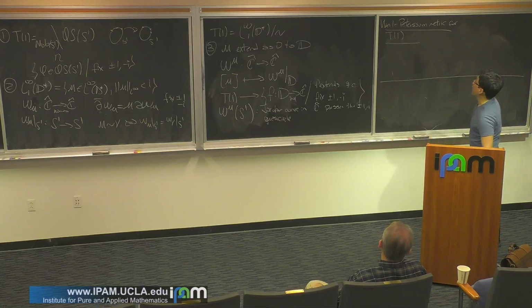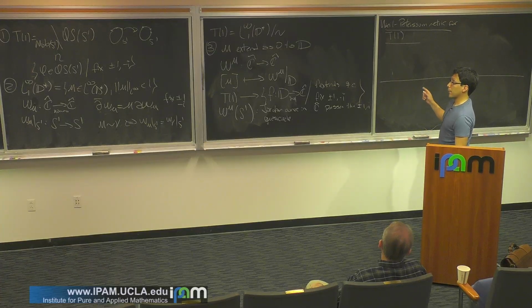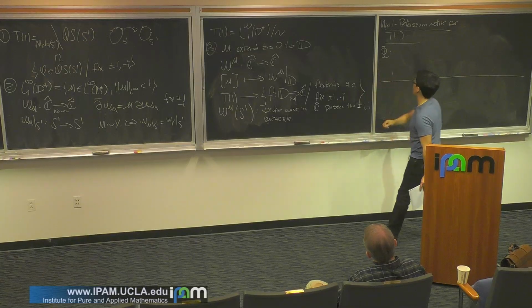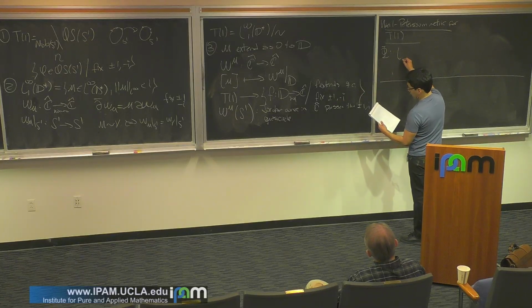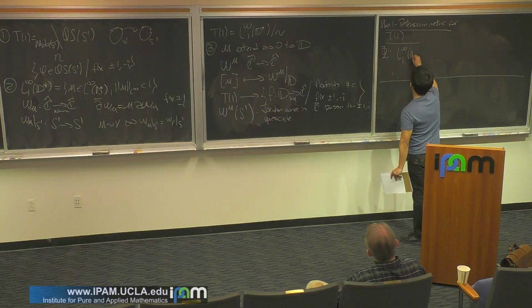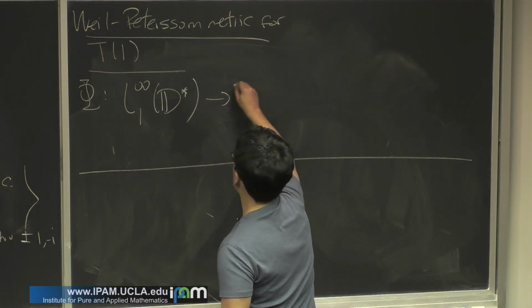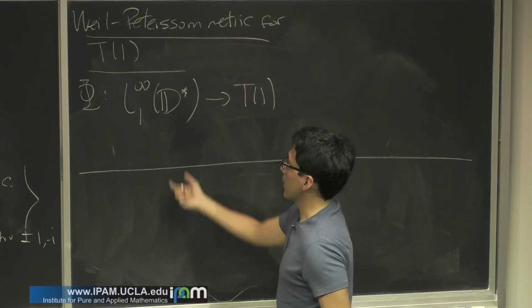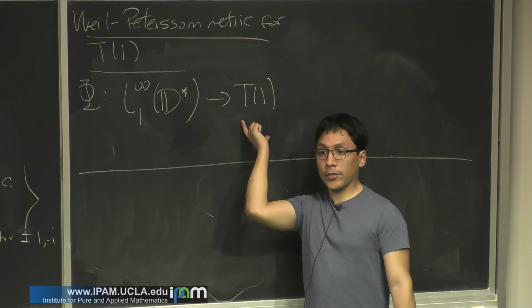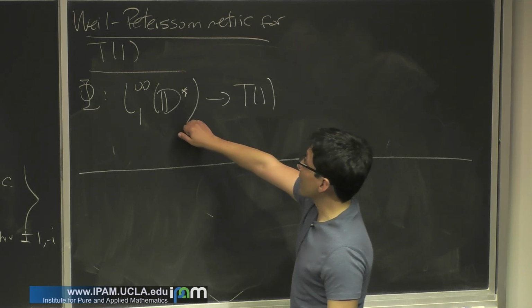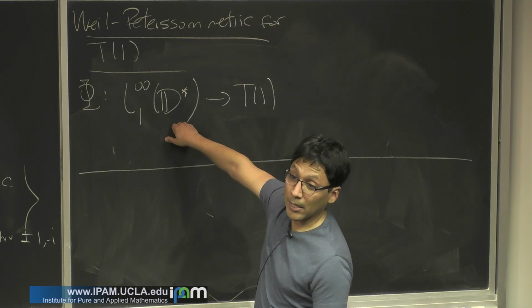So let me clarify, maybe say a couple of things about the structure of this, is that from definition 2, you can see there is a natural projection that goes from these Beltrami coefficients to T1. This is just, I take my Beltrami coefficient, I consider its associated class. This is naturally a complex manifold.